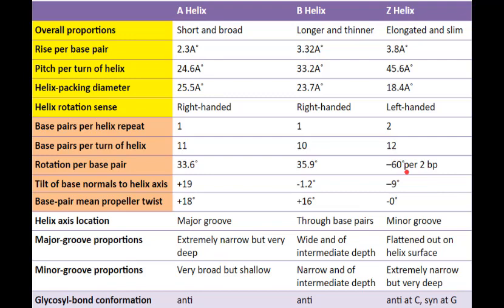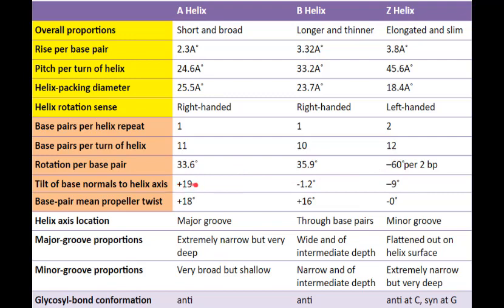Sorry, it is left-handed. So Z-DNA is a left-handed helix. You can see a negative turn of two base pairs. So per turn, two base pairs will turn simultaneously. So this is the base turn, and you can find this axis.